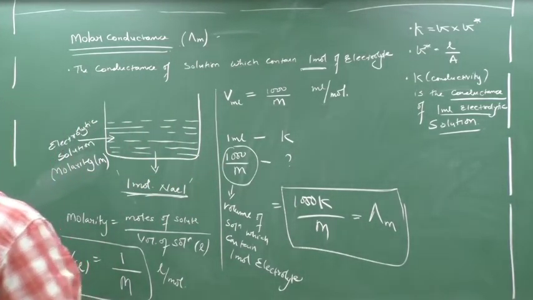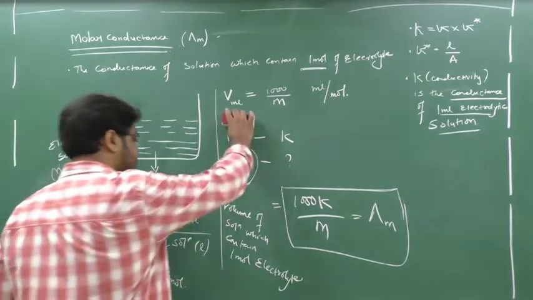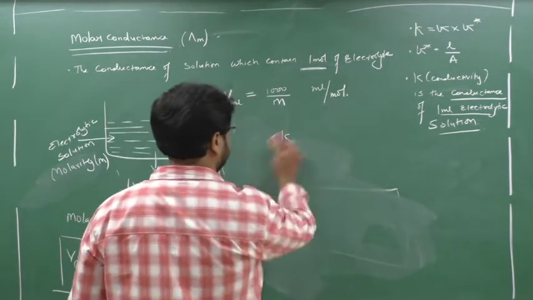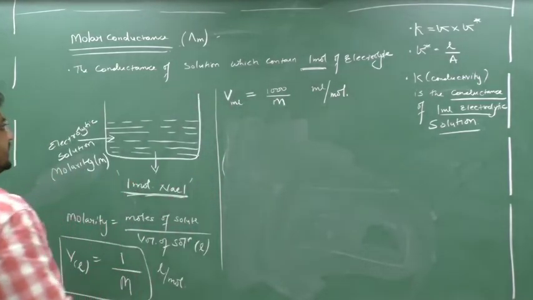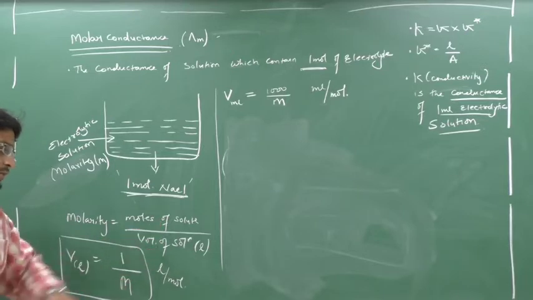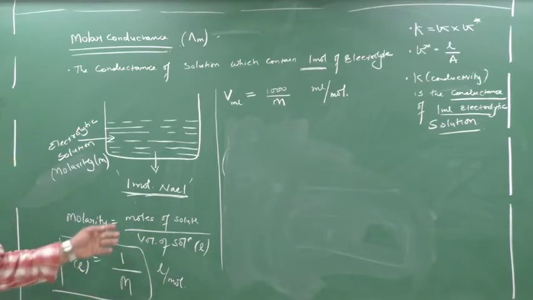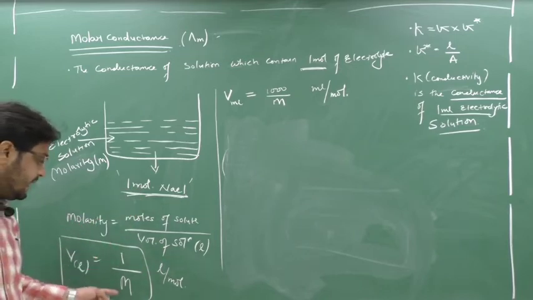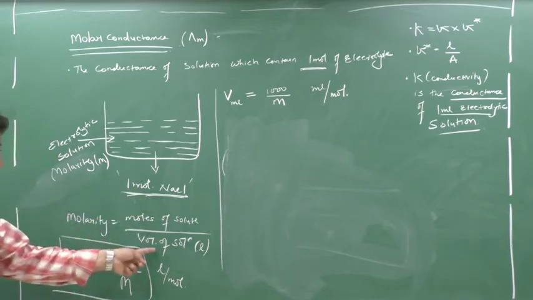See here, I know you are getting a bit of confusion. Listen here once more, I'll repeat it. This is a bit of a tough topic, but once it is cleared, it will be very easy for you. Molarity means what? Moles of solute by volume of solution in liters. Now moles of solute is fixed. How much? 1. So 1 by M, and the volume will come here.